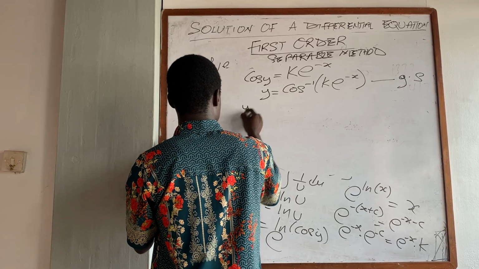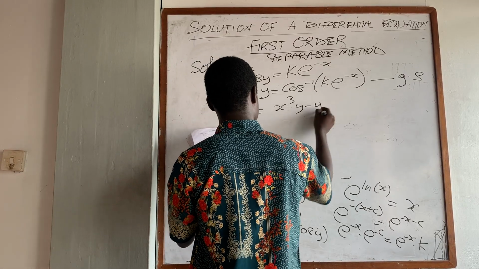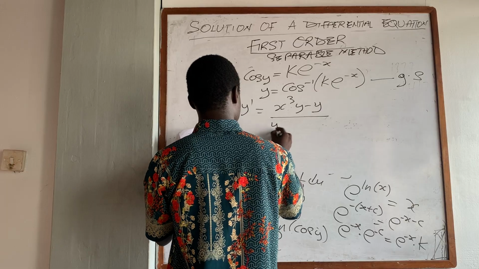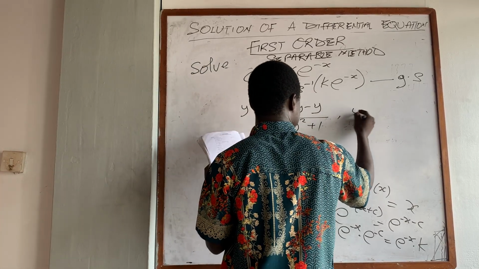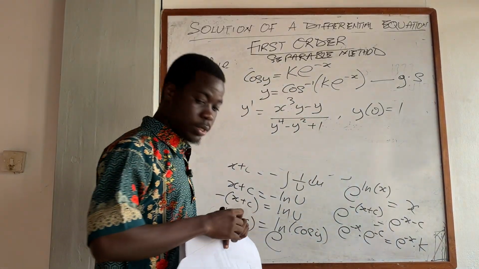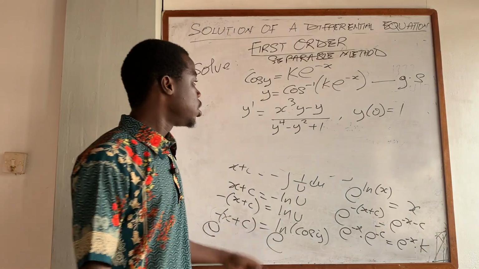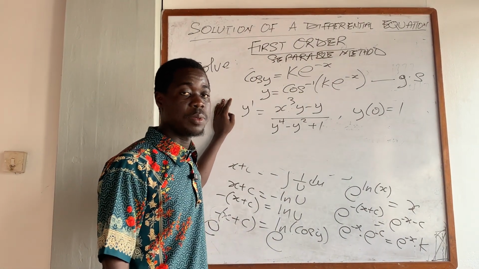Okay, so I have y prime is equal to x cubed y minus y all over y raised power 4 minus y squared plus y. And here there is an initial condition given. So if we are done with the solution, just send it to us through the comment section.